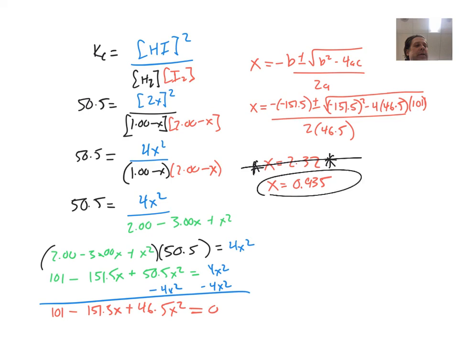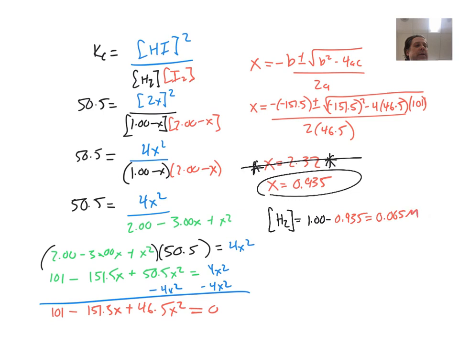So now I'm going to go back and figure out what the concentrations of H2, I2, and HI are. We said that the concentration for H2 was equal to 1.00 minus x, which this time is 0.935. So the final concentration at equilibrium is 0.065 molar.